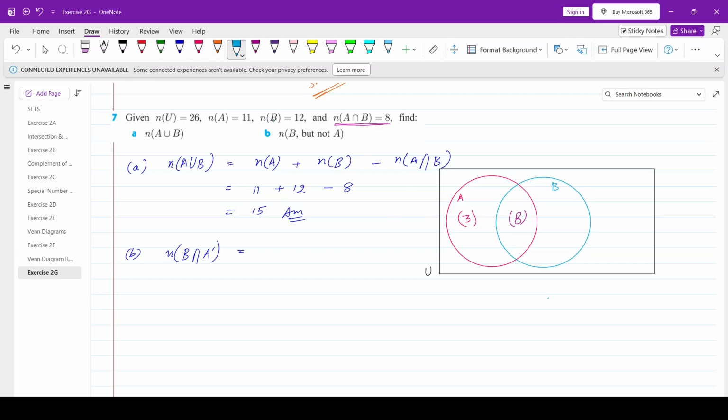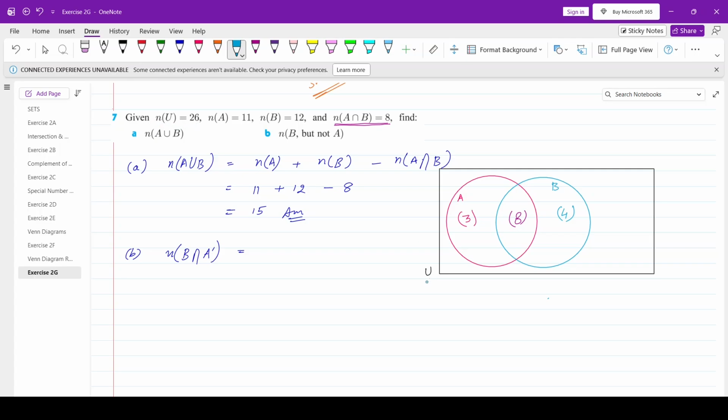Similarly, the number of elements in B is 12. This whole region contains 12 elements. Out of those 12, we have already written 8. So only 4 are remaining. And we know the total number of elements in the universal set is 26.